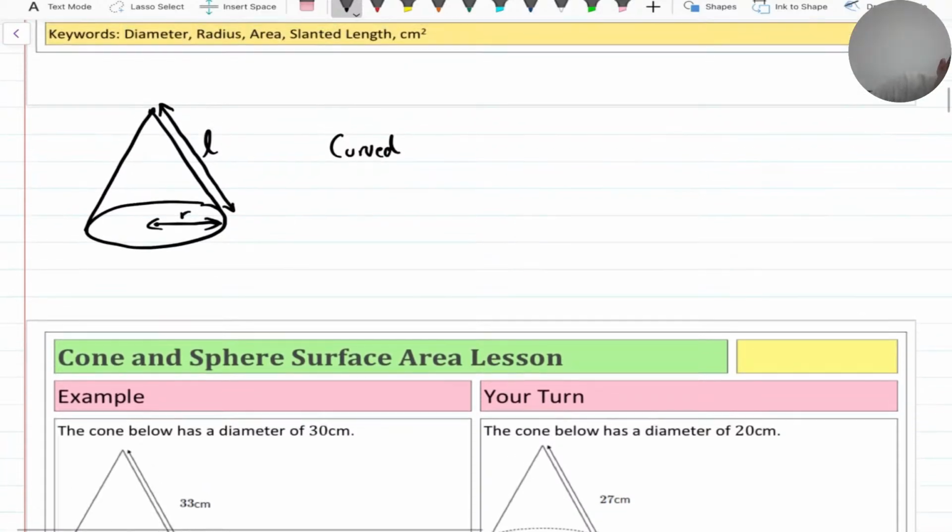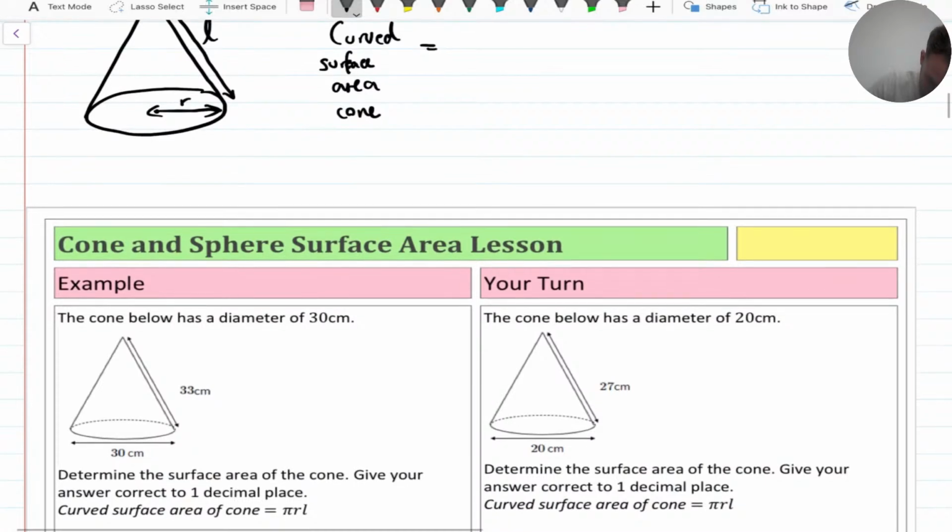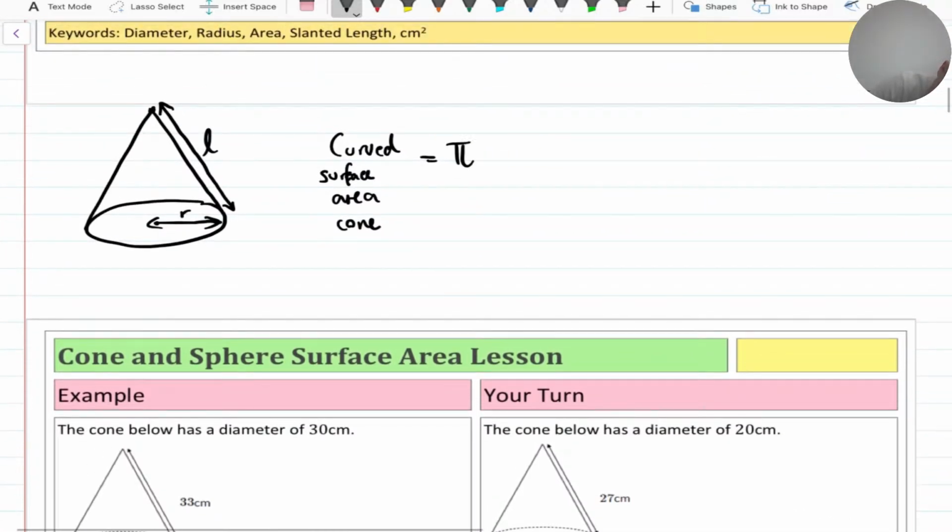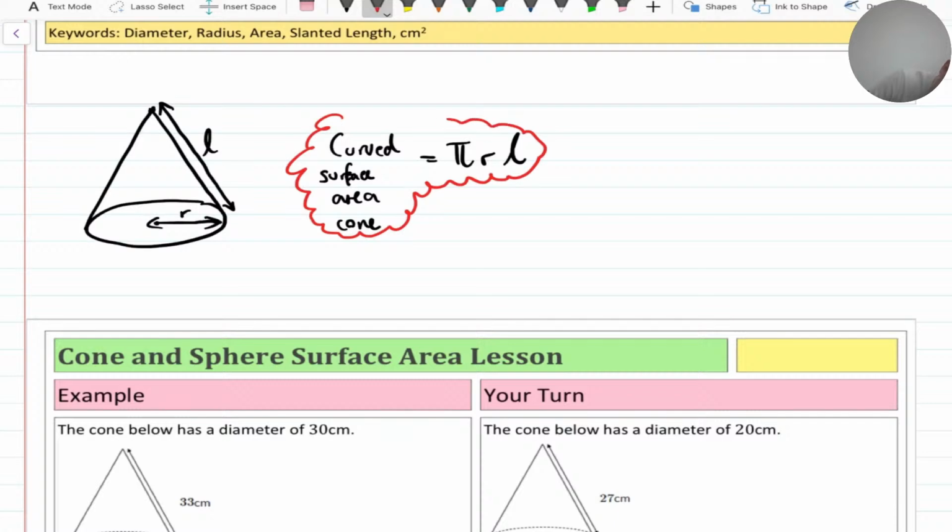The curved surface area of a cone is equal to pi r L. Pi r L. Now this here is only that top curved part round there. So it's only this part here, not the bottom.